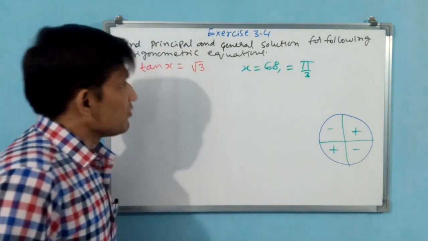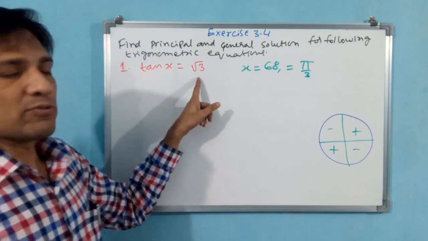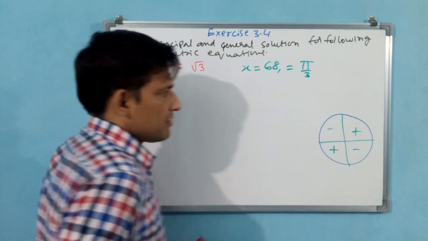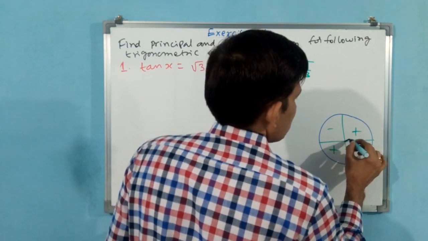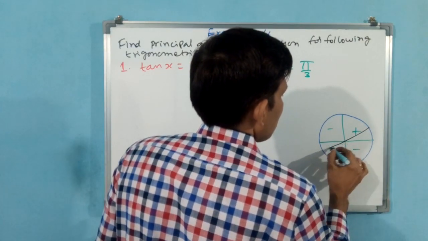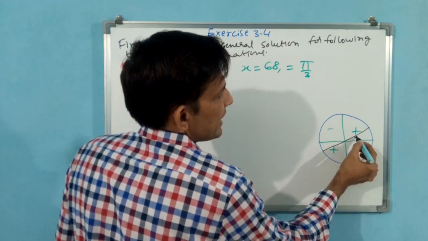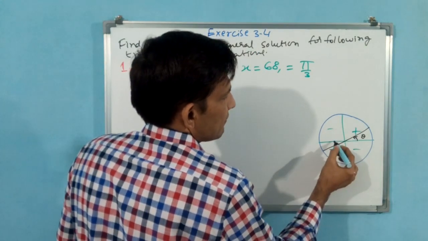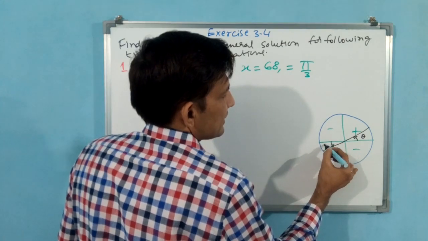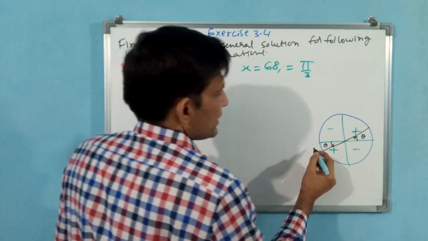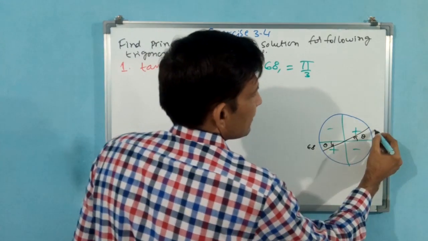Okay, now you tell me value is plus root 3 or minus root 3? Plus root 3. Plus root 3 means, see, like this it will be there. See, plus root 3 here also will come, here also will come. Why? Because from horizontal only you have to make angle theta. Okay. This theta is how much? 60 degree. I am writing 60 degree only.